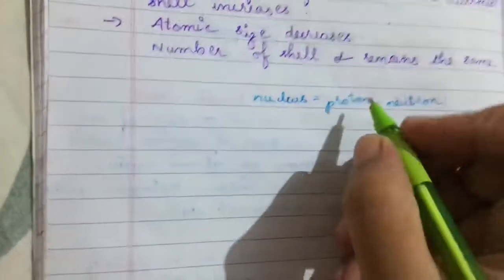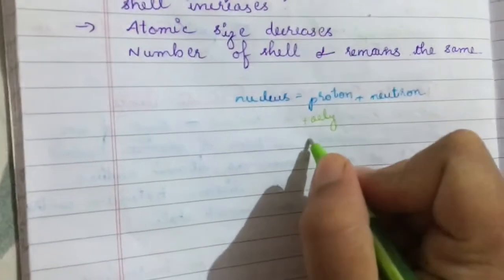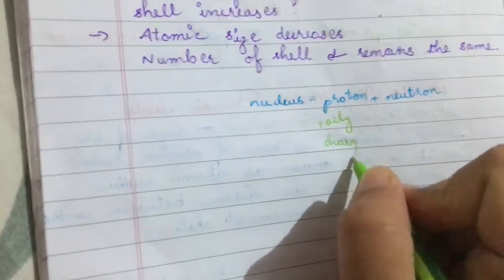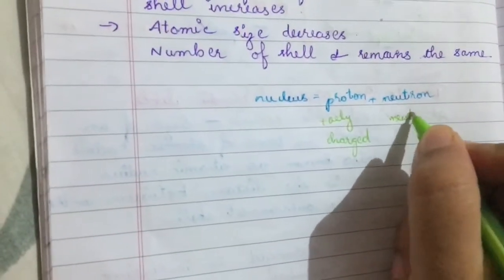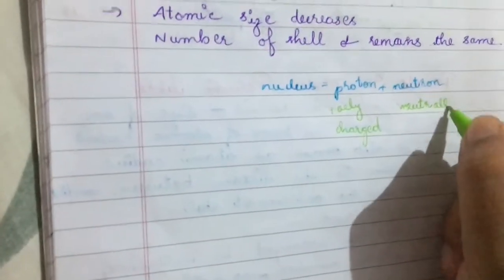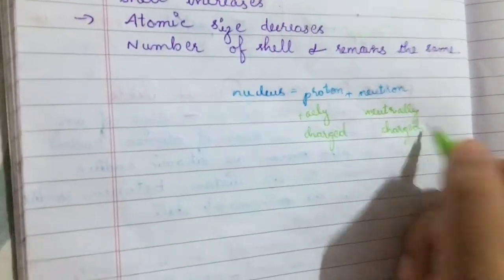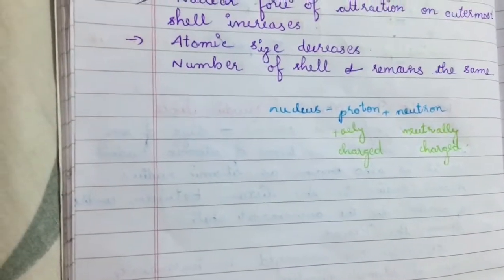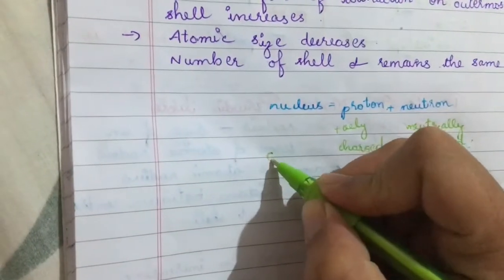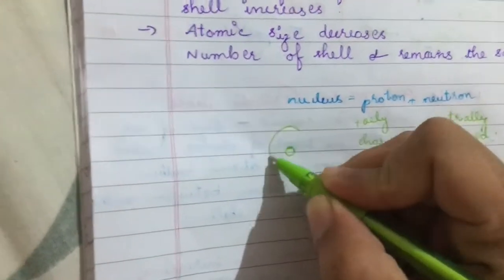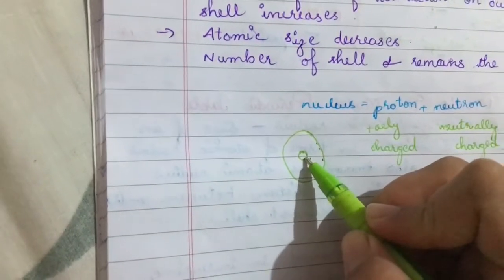A proton is positively charged. And what is the neutron? Neutrons are neutrally charged, that is, the charge is equal to 0. Suppose we take the hydrogen atom. It contains a center, that is the nucleus, which is present in the center.